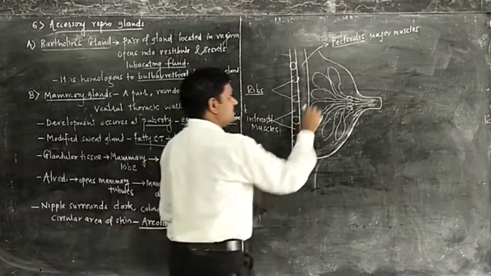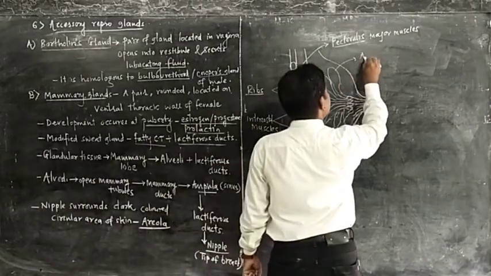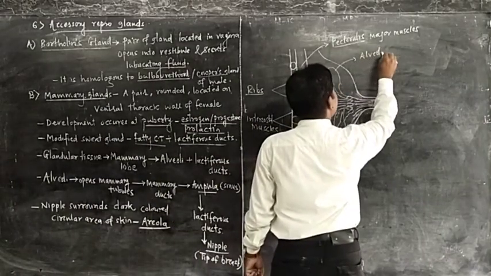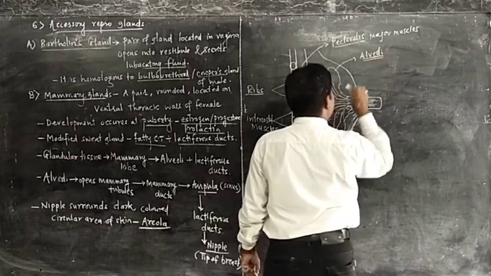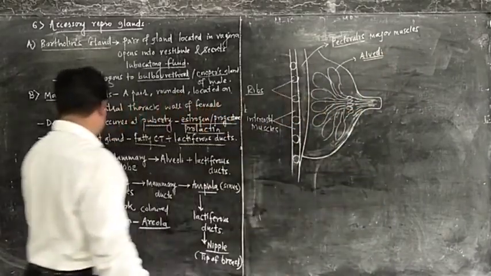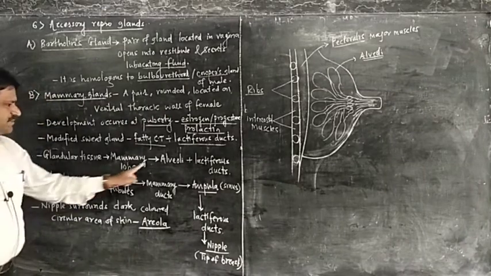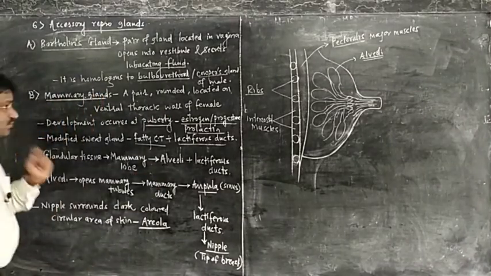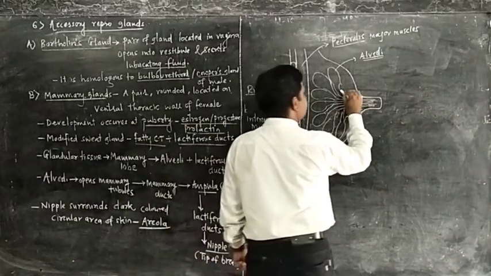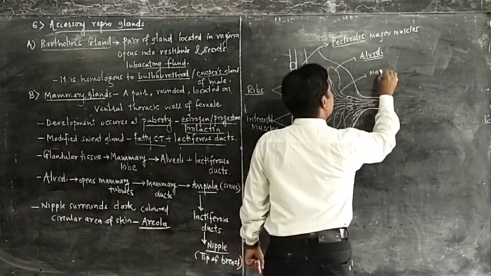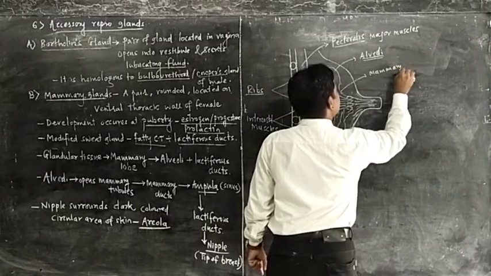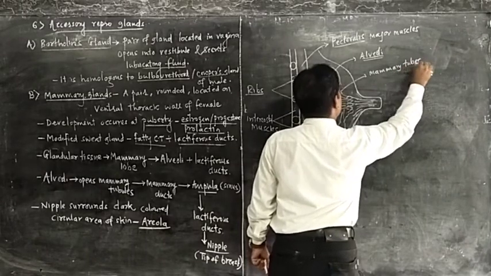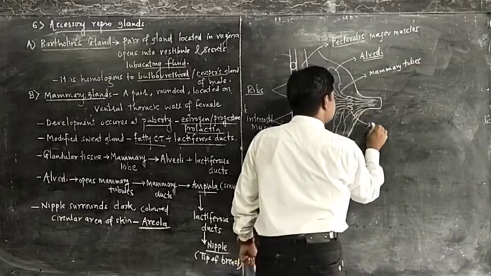Now this is the alveoli, a part of the mammary lobes, and the alveoli open into mammary tubes. All the mammary tubes open into sinuses.